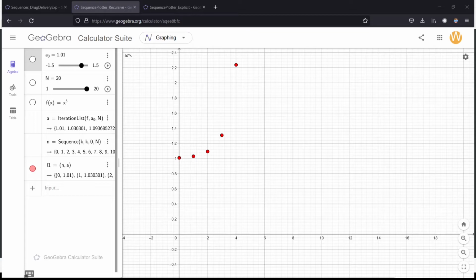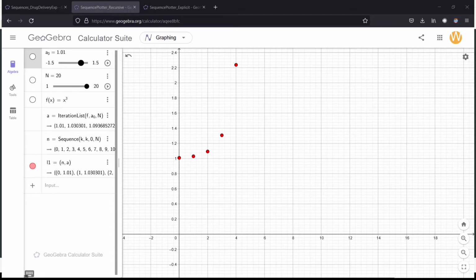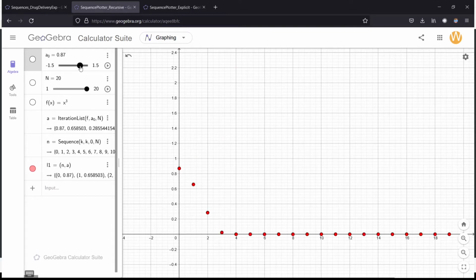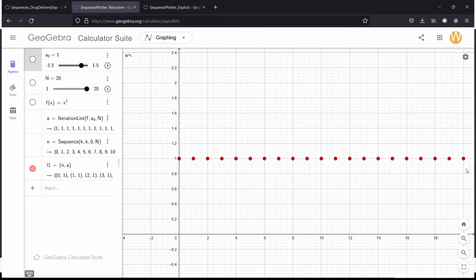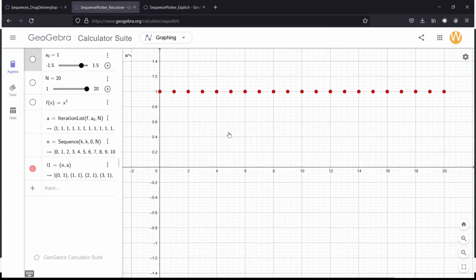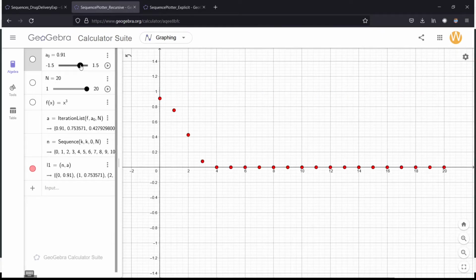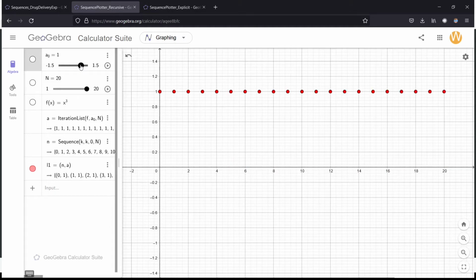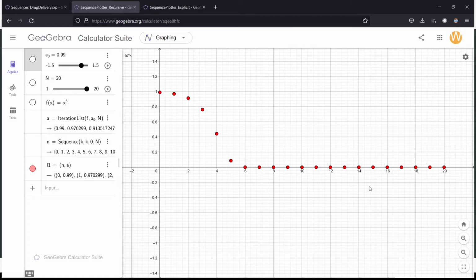But then immediately when we jump down to 1, the limit of this sequence is equal to 1. So this is one of the correct limits for this sequence. But then if I decrease just a little bit to 0.99, the limit of this sequence again changes, and it decreases very, very fast down to 0.